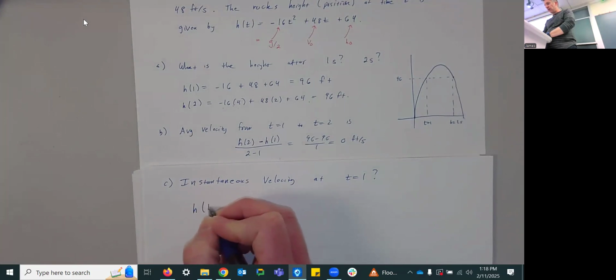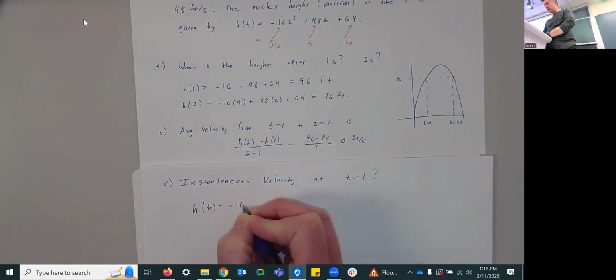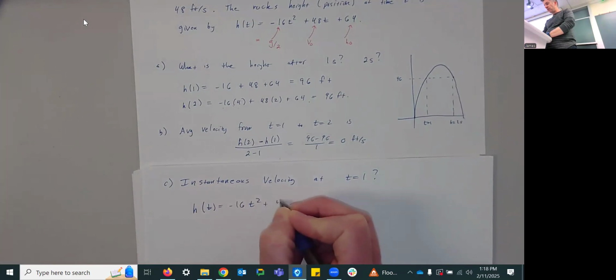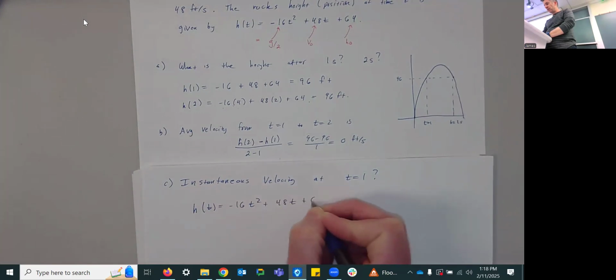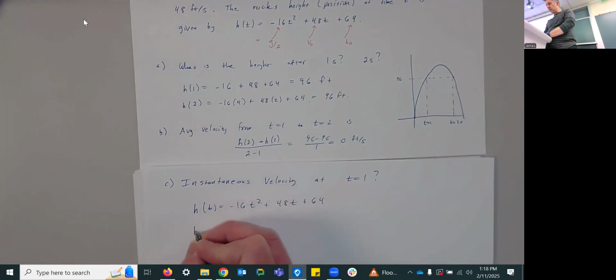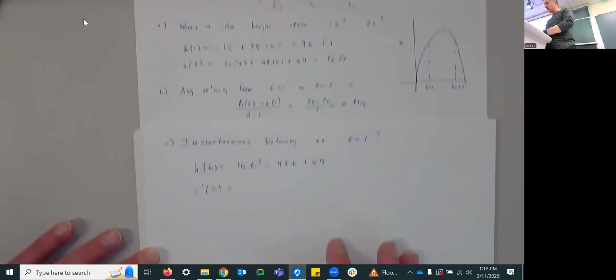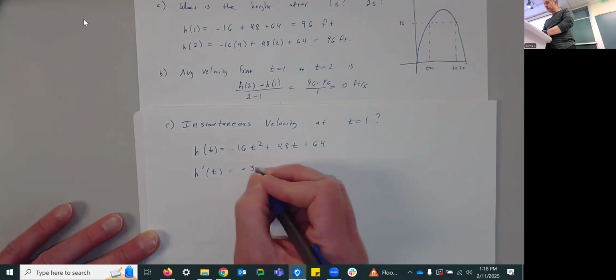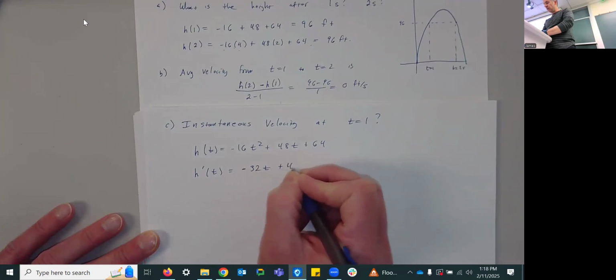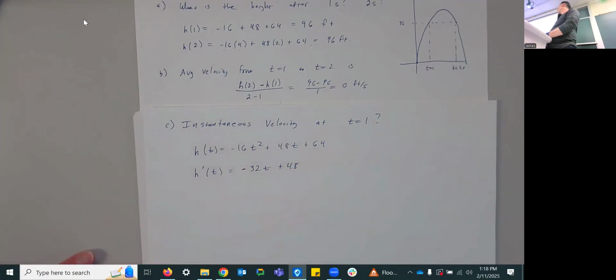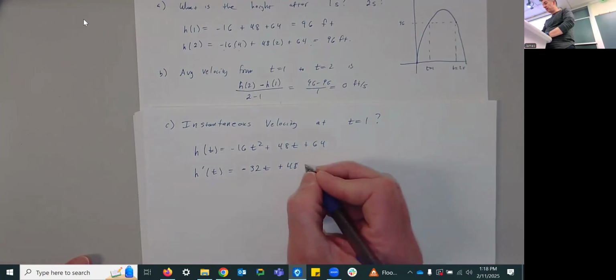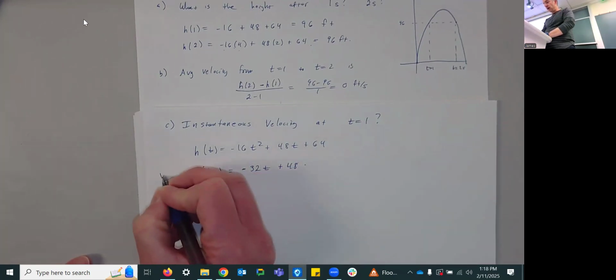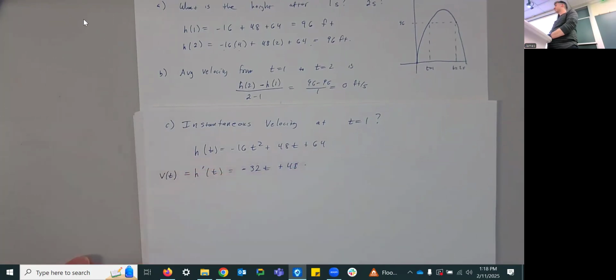Position, again, is negative 16t squared plus 48t plus 64. And we're going to find the derivative as a function of time, which is going to be negative 32t plus 48, which is exactly the velocity at time t.